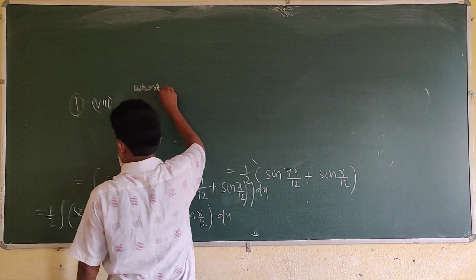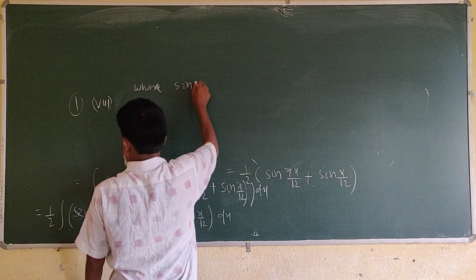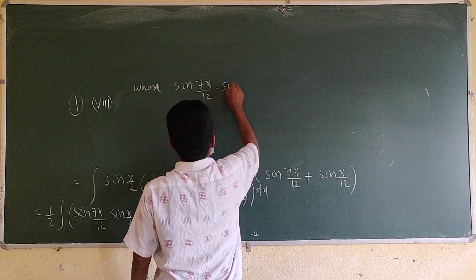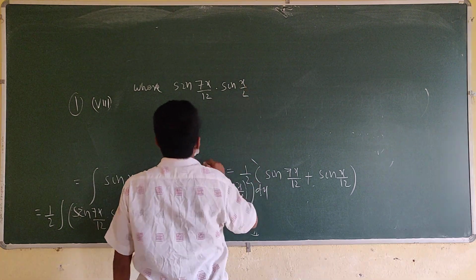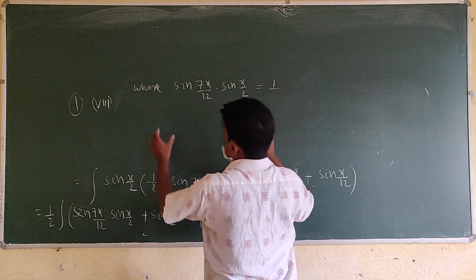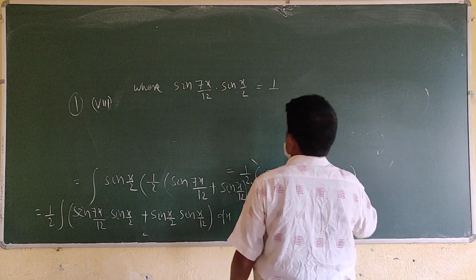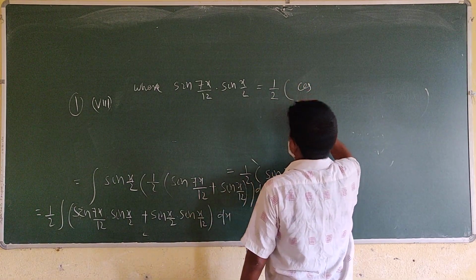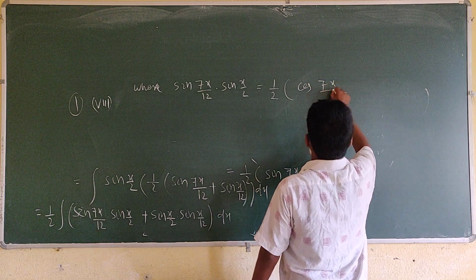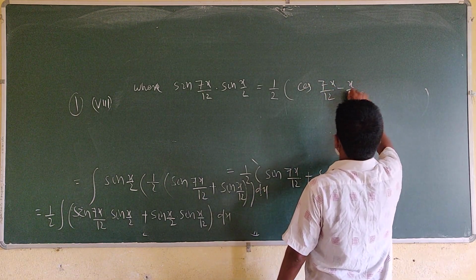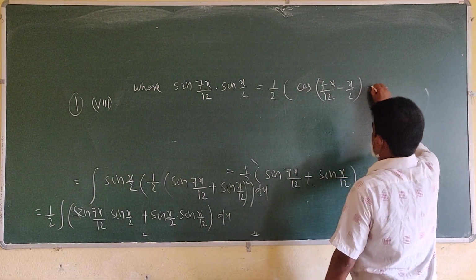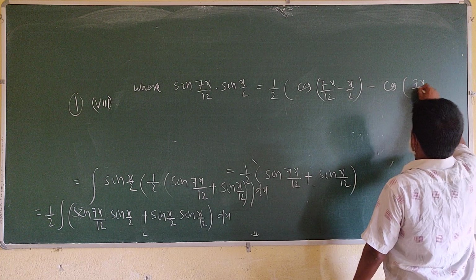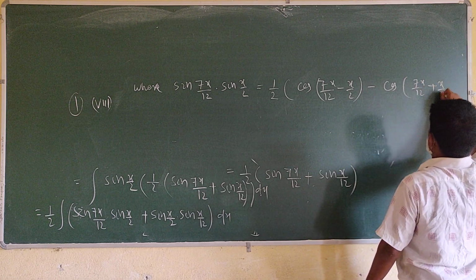Now where sin 7x by 12 into sin x by 2 is equal to, using formula third, 1 by 2 cos (7x by 12 minus x by 2) minus cos (7x by 12 plus x by 2).